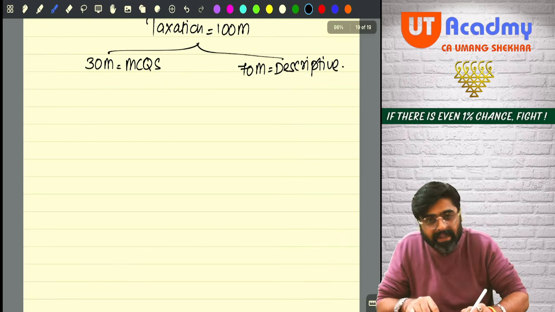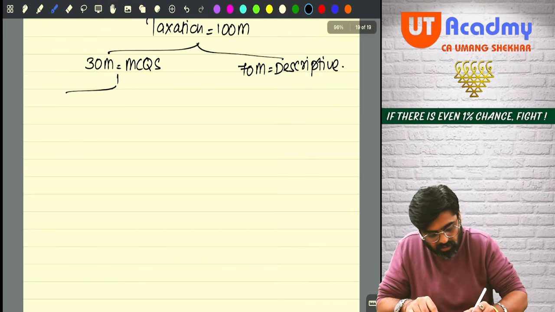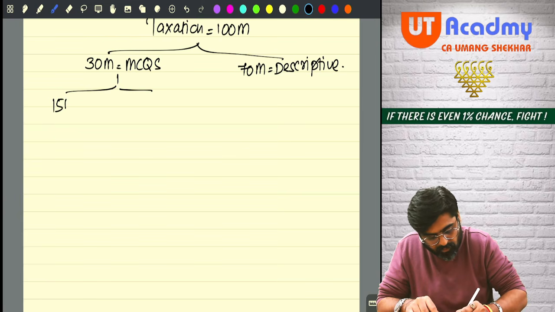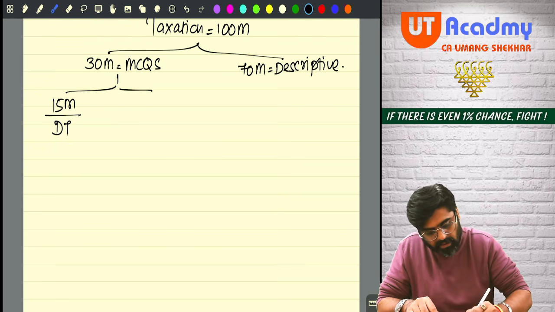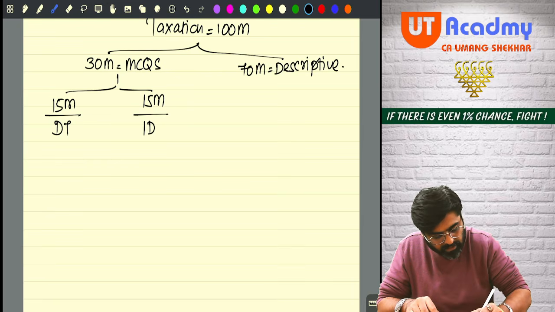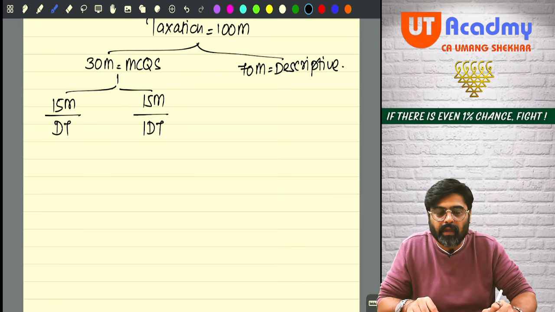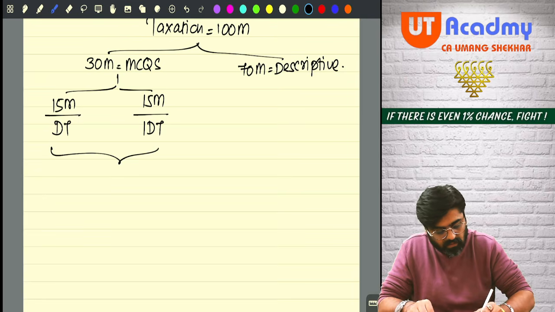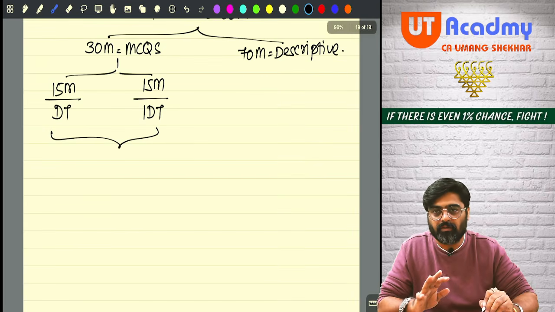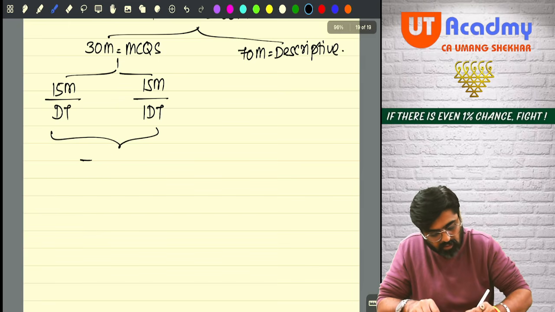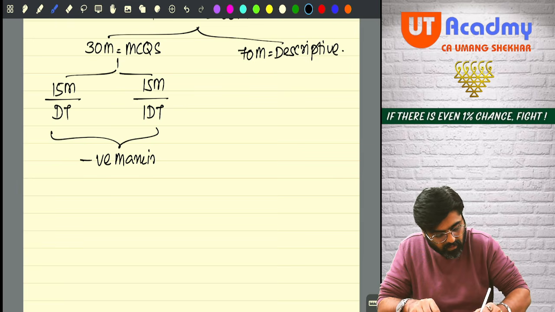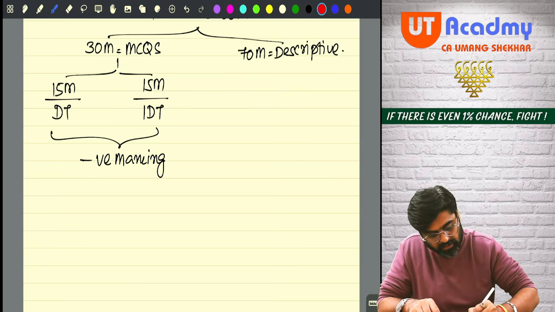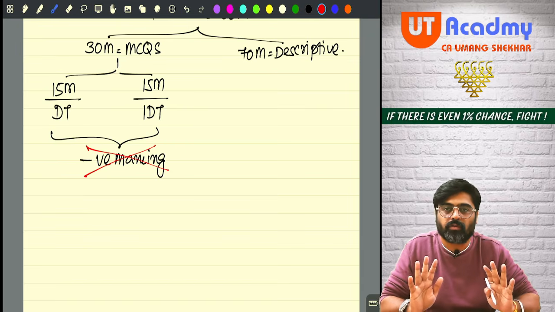So out of 30 marks MCQs, you will be getting 15 marks MCQs from direct tax and 15 marks MCQs from indirect tax. And you will be happy to hear this, that MCQs don't have any negative marking. There is no negative marking in MCQs.